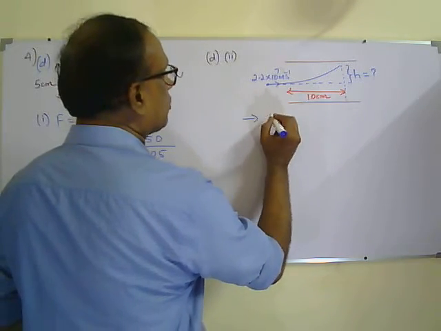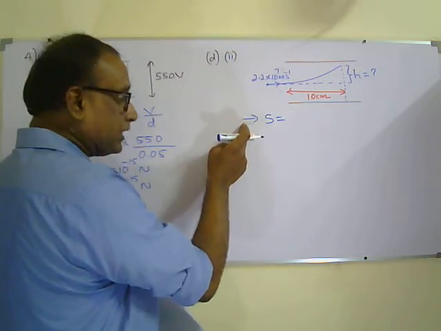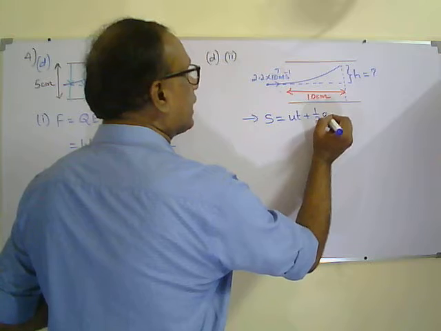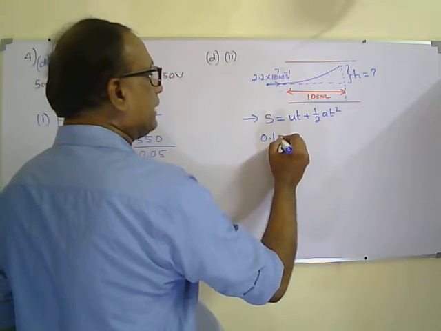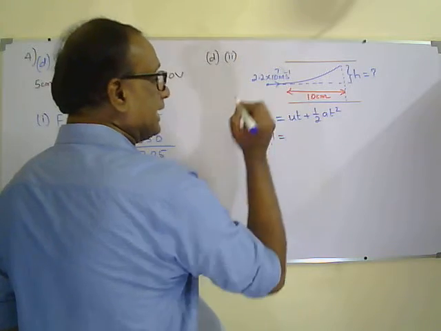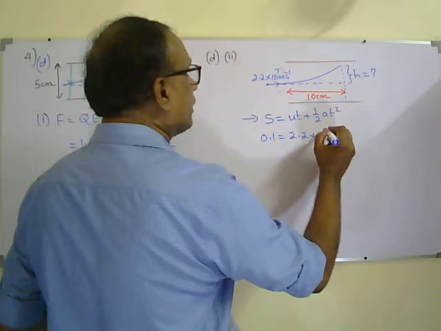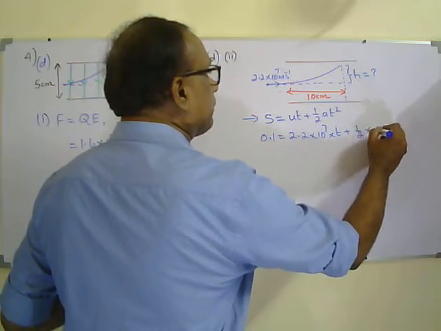So I can use it horizontally. I'm saying horizontally, but actually it's parallel to the plates. s = ut + ½at². s is 10 centimeters, so 0.1 meter. The speed when it enters the region of the plates is 2.2 × 10^7 times t, plus half a times t squared parallel to the plates.